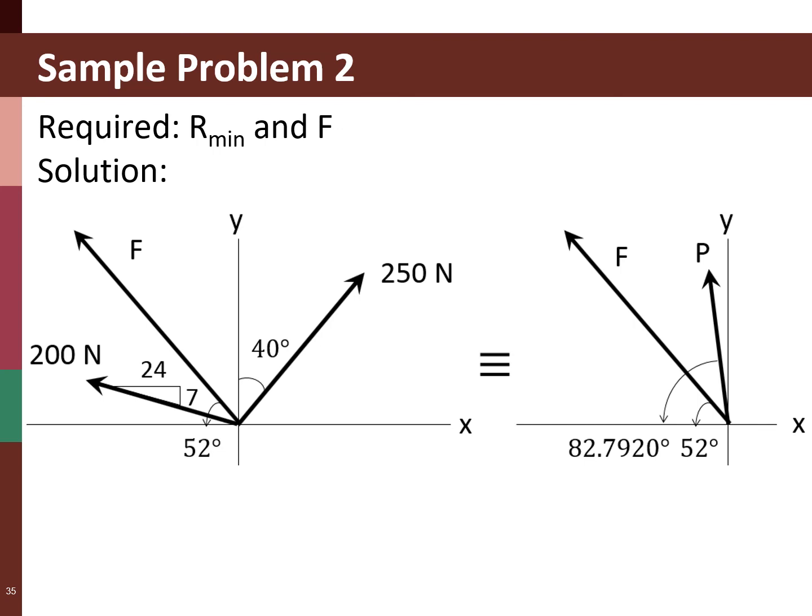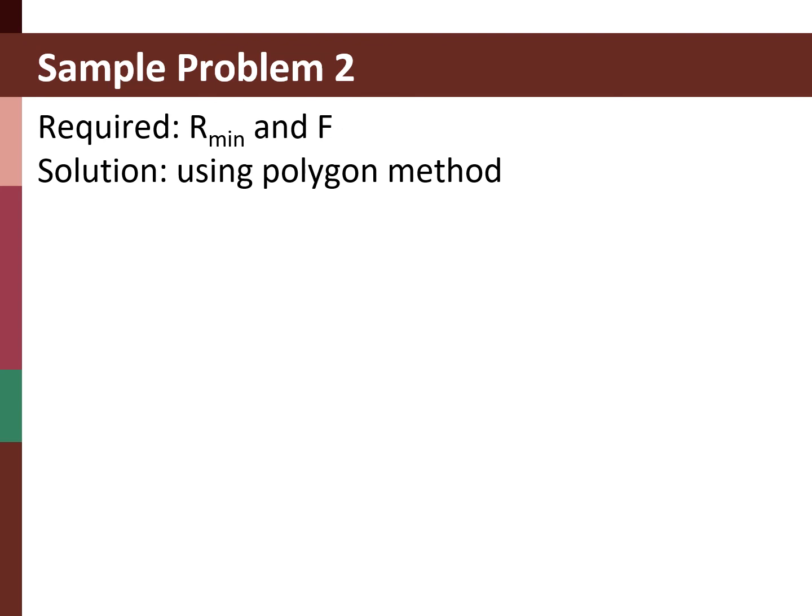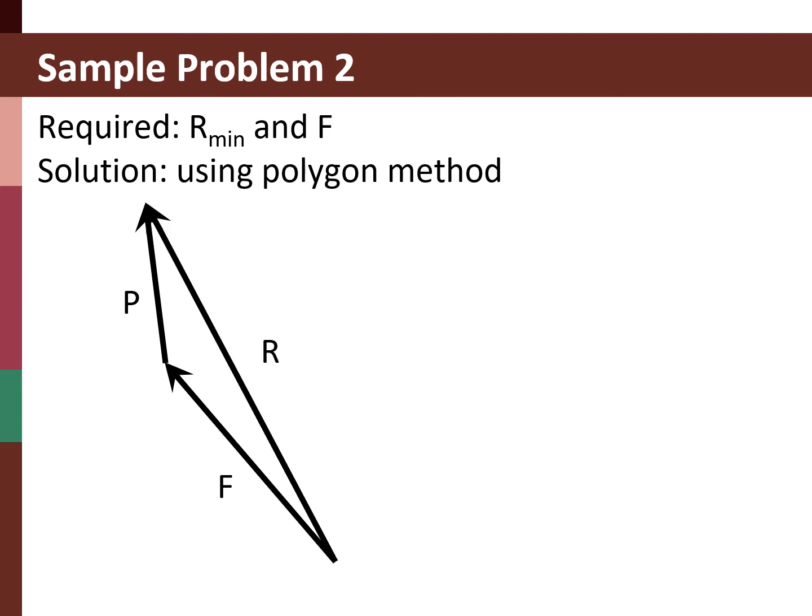For the next part of the problem, we are to solve the minimum resultant and the corresponding value of F. Now that we have a value for P, we can replace the 200 Newton force and the 250 Newton force with P. Using polygon method to determine the minimum value of the resultant, we connect the tail of P to the tip of F. The resultant is obtained by connecting the tail of F to the tip of P. However, since the sense of F is just assumed, we also consider when F is directed south of east.